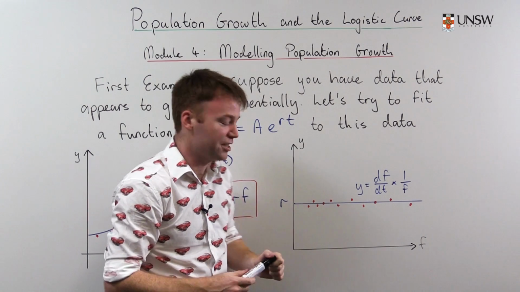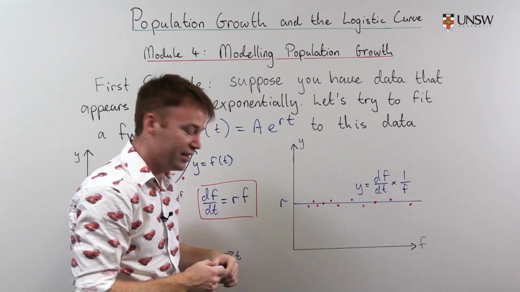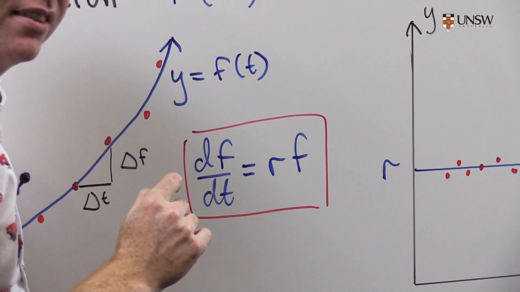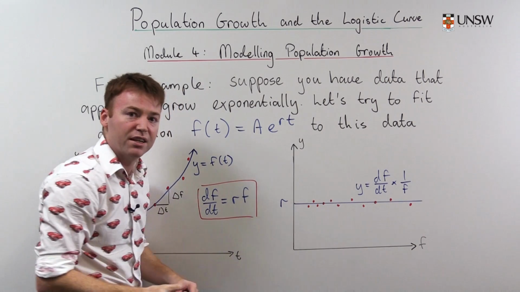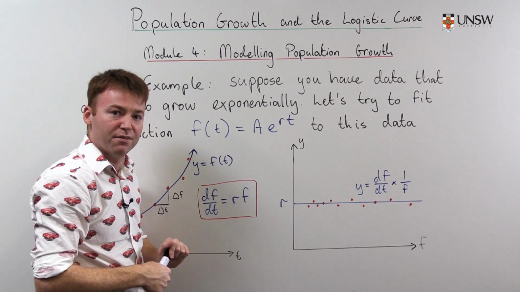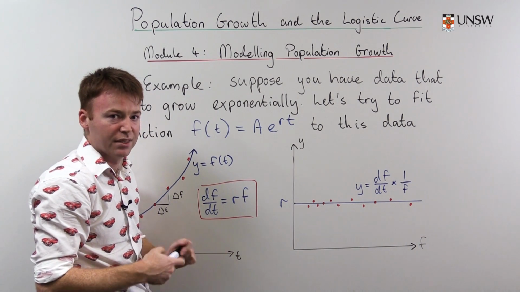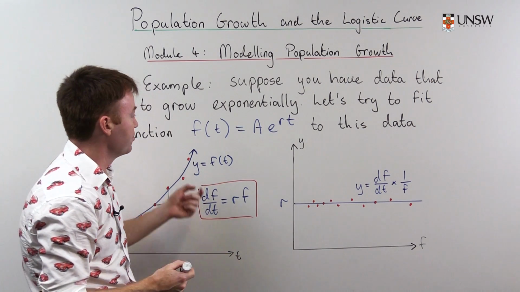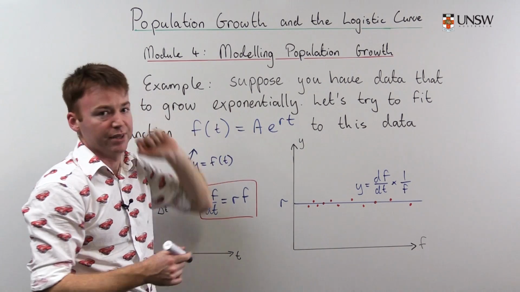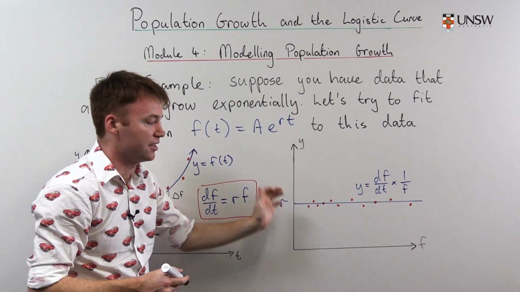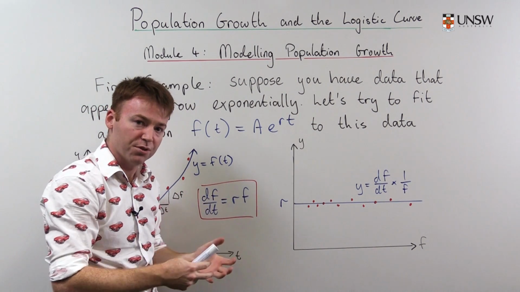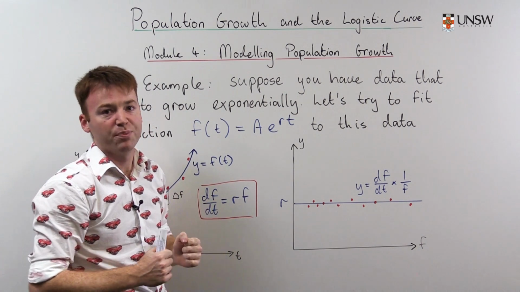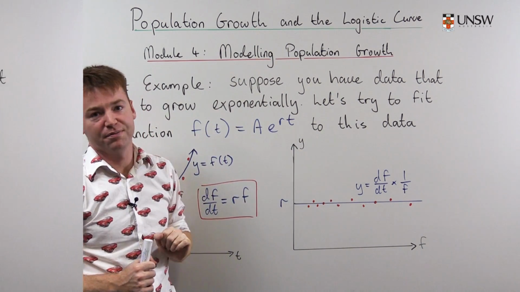Furthermore, it tells us what the value of r should be, because df dt divided by f is r. So from this graph, we are able to obtain the value of r as well. Knowing r and knowing one other population value will allow you to determine what a should be. And so this analysis gives you two things. It gives you some kind of assurance that your data fits this curve, and along the way you pick up everything you need to know about the curve.